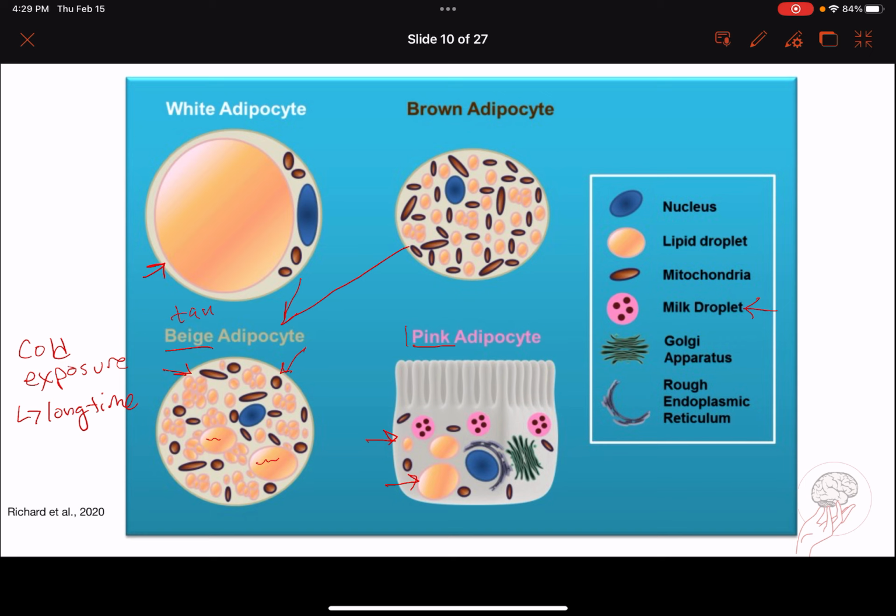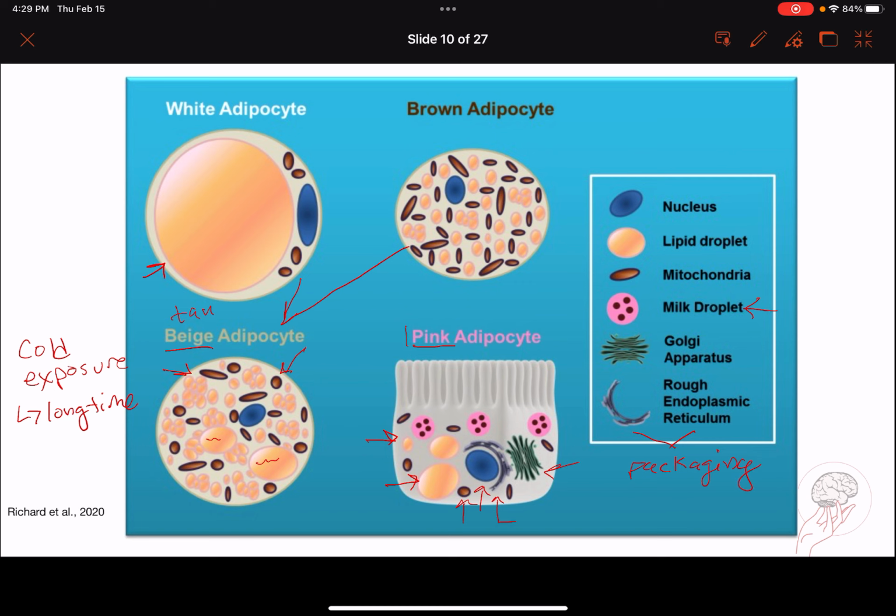And in addition to mitochondria and the nucleus, we also see that there's a rough endoplasmic reticulum and a Golgi apparatus. And if you remember from your Life 1010, the Golgi apparatus and rough endoplasmic reticulum are packaging organelles.